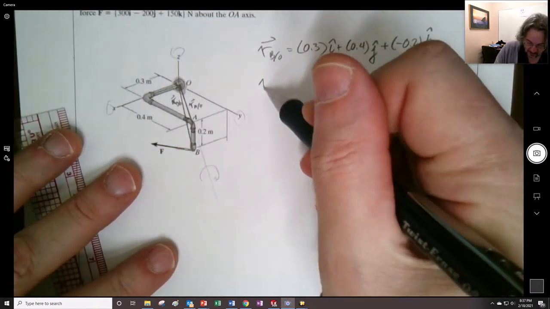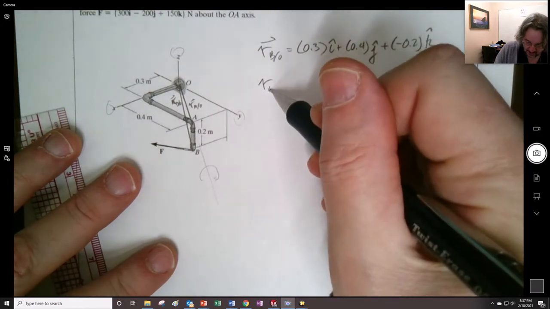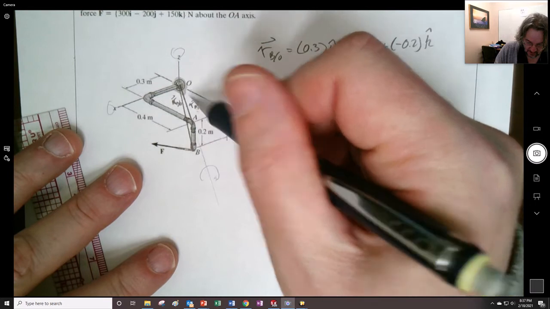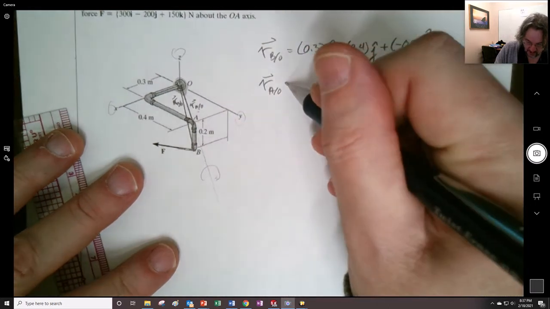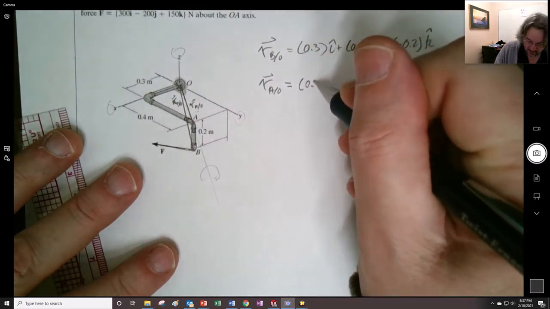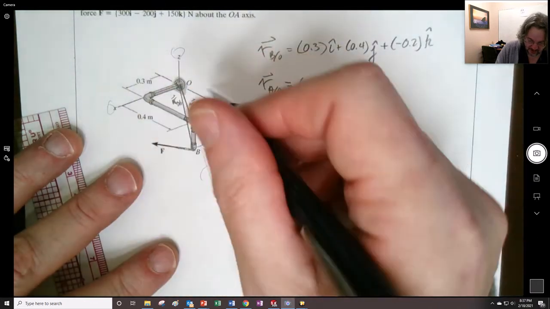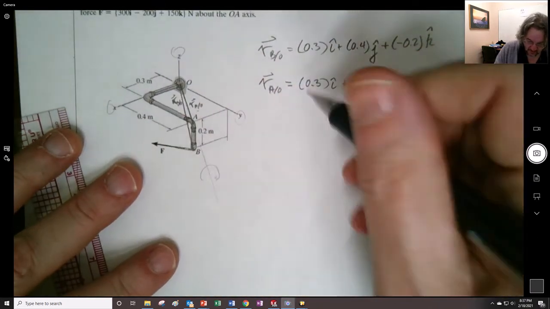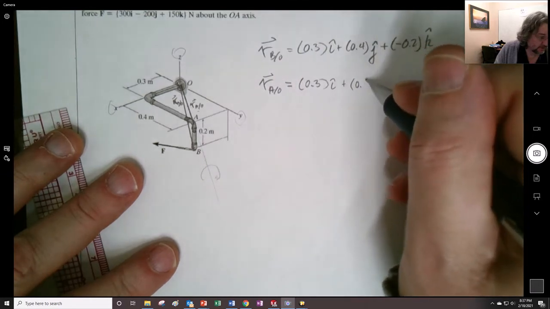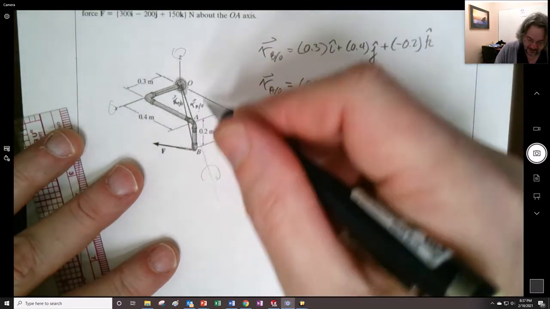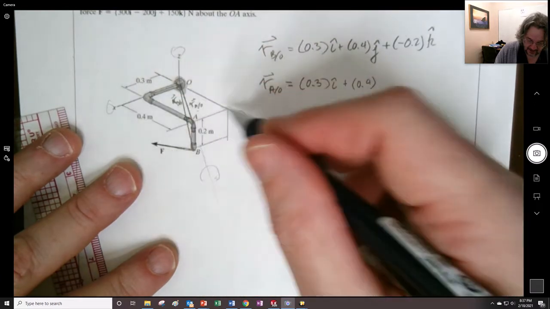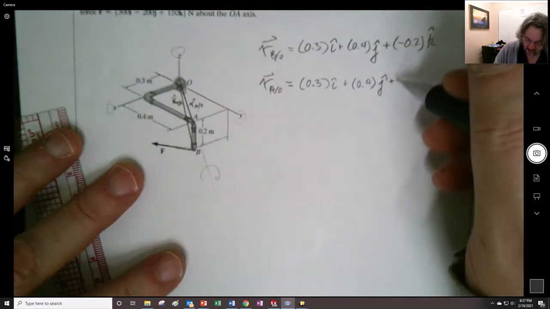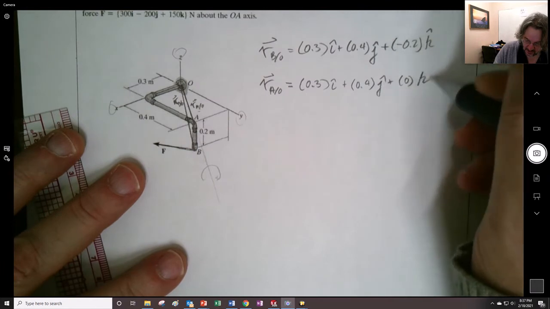We don't need the direction cosine for that one, but we're going to need the direction cosine of this one right here. It's very similar because we do go over 0.3 in the X direction, and in the Y direction we do 0.4, but it's on the same plane as the O right there, so it's going to be 0 in the K direction.